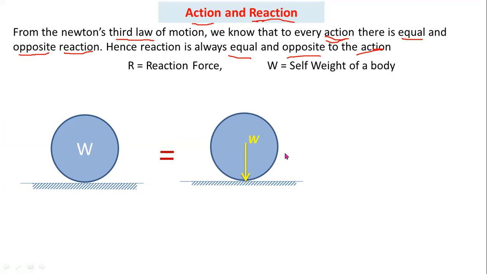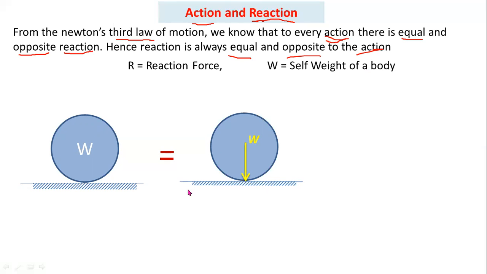Self weight is also a force, a vector quantity, so you have to represent it like this. According to Newton's law, self weight always acts vertically downwards due to gravitational force, so you have to consider self weight as a vertically downward force.